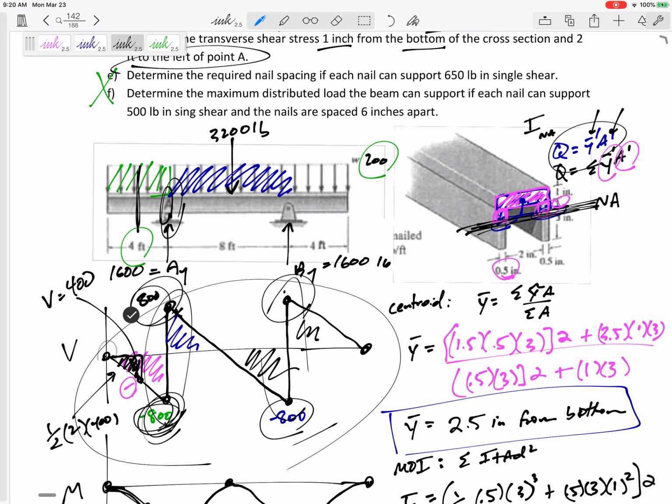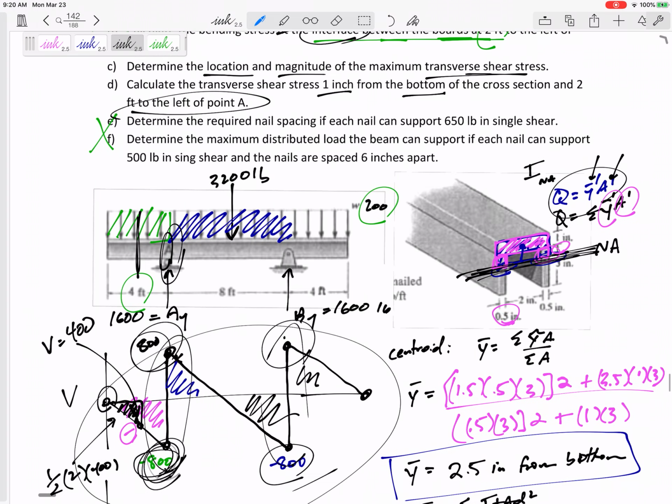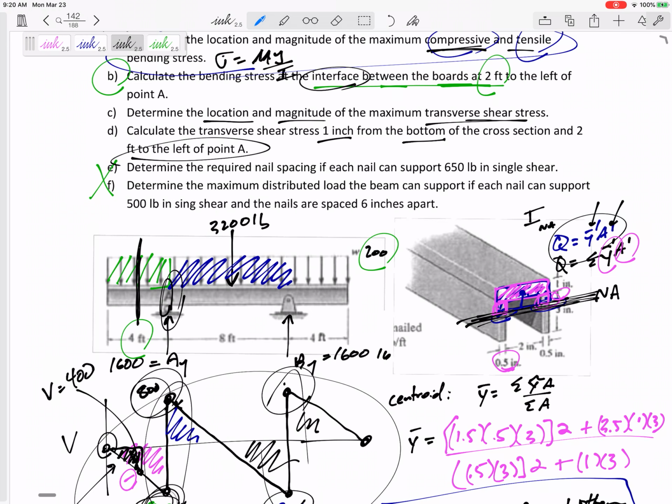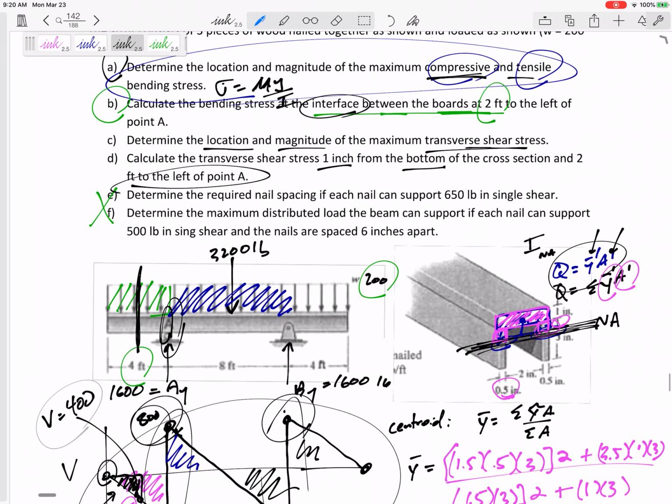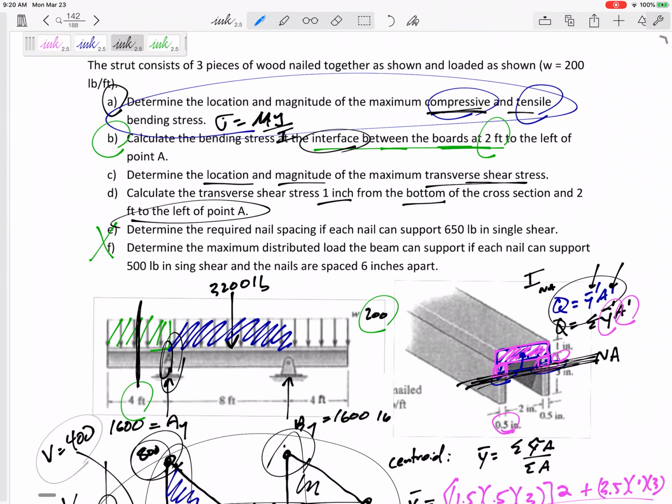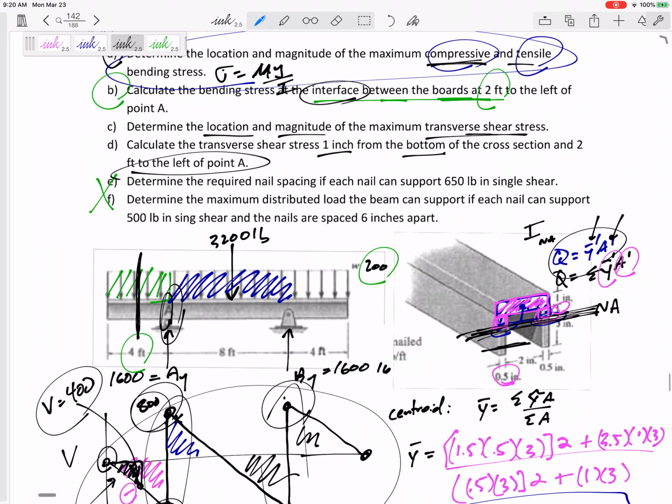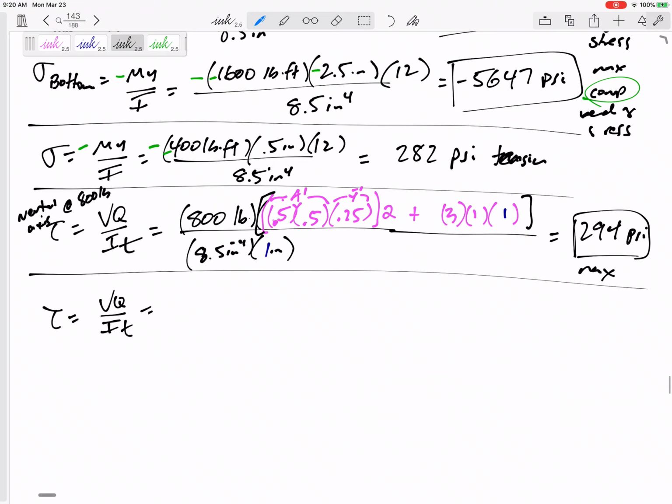If it goes linearly from 0 to 800, and right in the middle it'd be 400. So at this cut, I know it's 400. And 1 inch from the bottom, so I need to cut it 1 inch from the bottom. Right here. Cut it 1 inch from the bottom. All right, so what would be VQ over IT right there? It'd be 400 pounds.